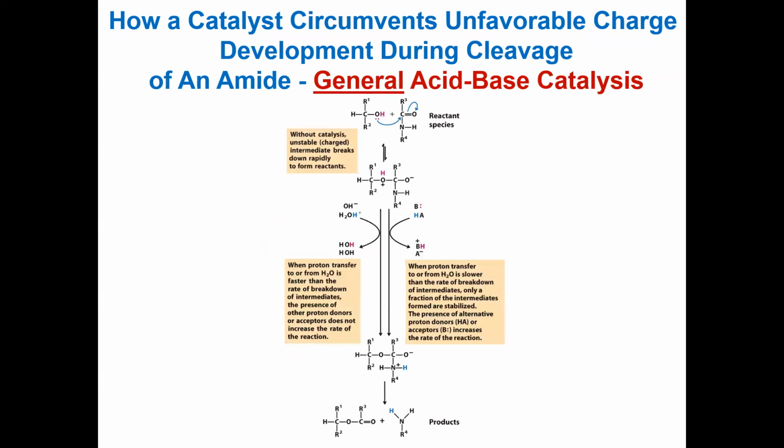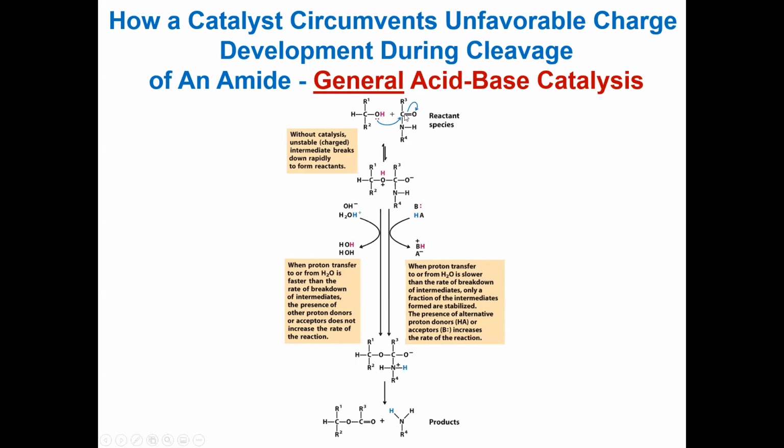Now, what about other assistance? What would that be? Let's look at a reaction that you are very familiar with so far. Although we have not discussed enzyme mechanism class yet, you know peptide hydrolysis.